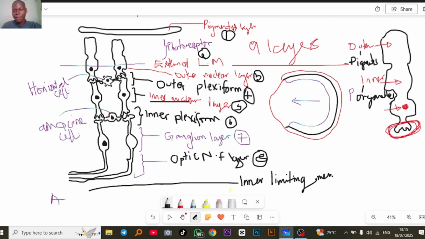And where did we have the outer? Because whenever we have inner, we must have the outer. The inner is this side, but the outer, we said, is between the inner segment and the cell bodies of the photoreceptors. So those are the 9 layers of the retina.